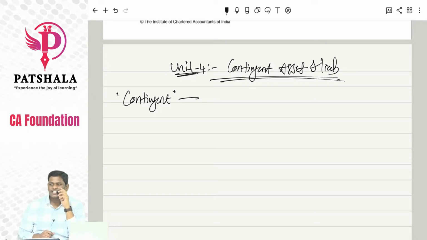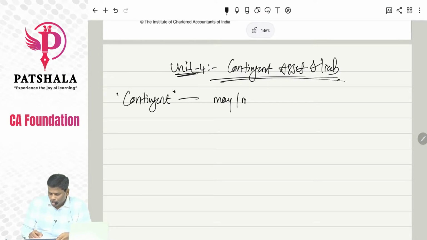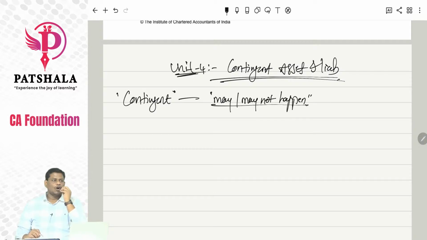Normal, general English. Any idea what is contingent? Anything which may or may not happen is called contingent.